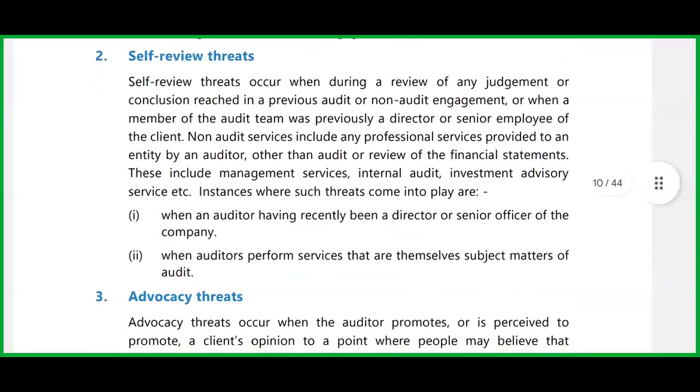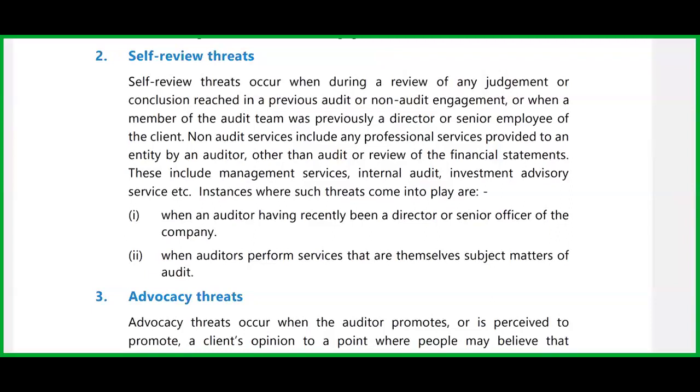Next is self-review threat. So this self-review threat occurs when during a review or judgment, out of previous audit or non-audit engagement, where a member of the audit team was previously a director or senior employee of the client. So here, what is happening is auditor or member was previously related to the company. He was an employee, senior employee or director.